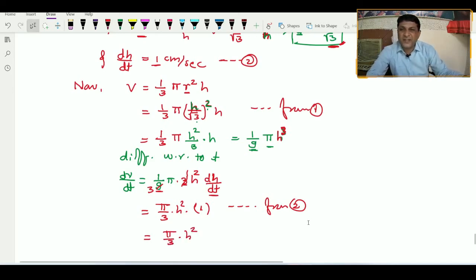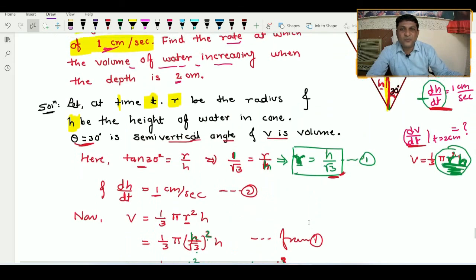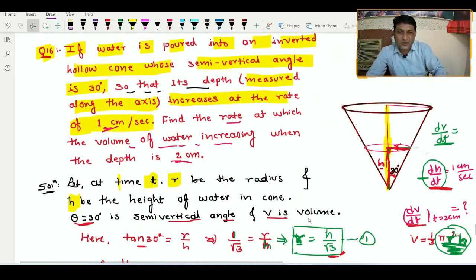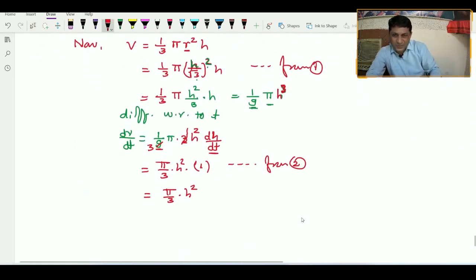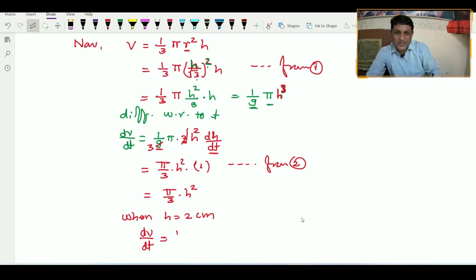But question is to find out increase in volume when height is equal to, when depth means what? Height is equal to 2 centimeter. So replace h by 2 centimeter. So when h is equal to 2 centimeter, at that time question is to find out dv by dt. So dv by dt is equal to pi by 3 h square, but h I am replacing by 2 square.